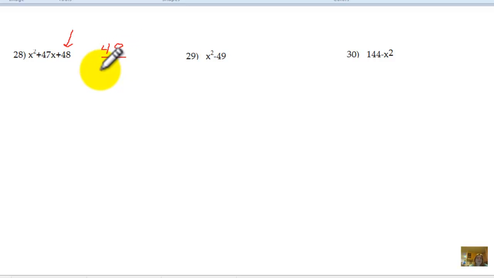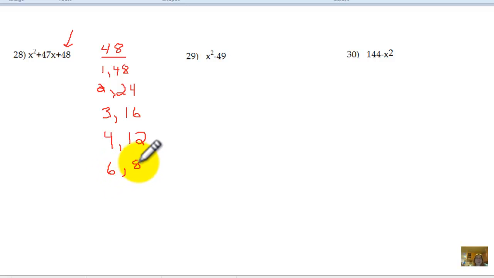So the factors of 48 are 1 times 48, 2 times 24, 3 times 16, 4 times 12, 5 does not go into 48, and 6 times 8 is 48, 7 does not go in, 8 goes in.